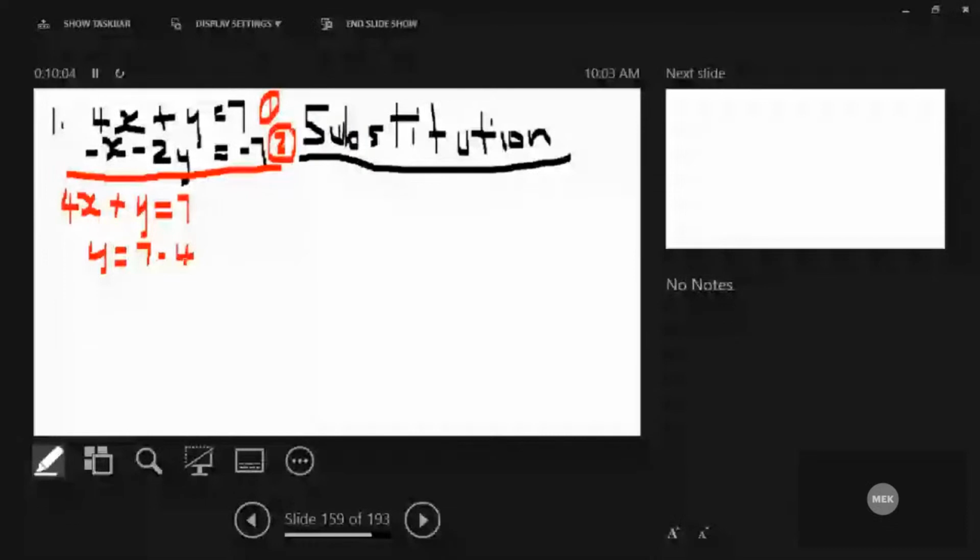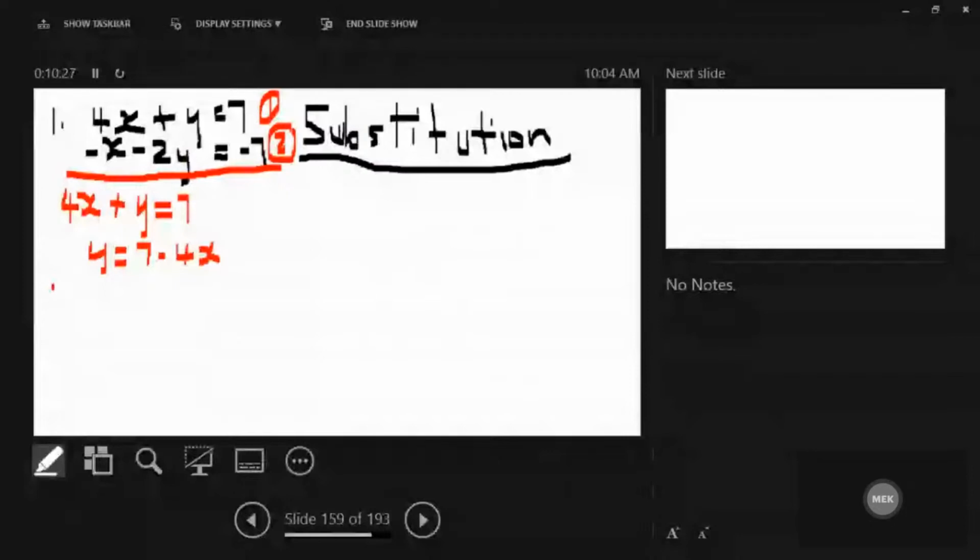So I have transposed and made y the subject of the equation. So if y is equal to 7 minus 4x, what I'm going to do now is substitute this value in the second equation where y is. I'm going to put a bracket and substitute this value here.